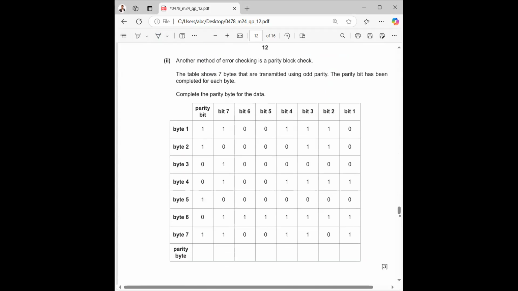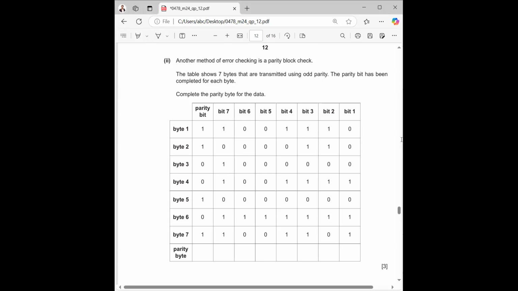Then in part 2, it says that another method of parity check is parity block checking. The table shows 7 bytes that are transmitted using odd parity. The parity has been completed for each byte. Complete the parity bit for the data. You have byte 1, 2, 3, 4, 5, 6, and all the parity bits are right here.